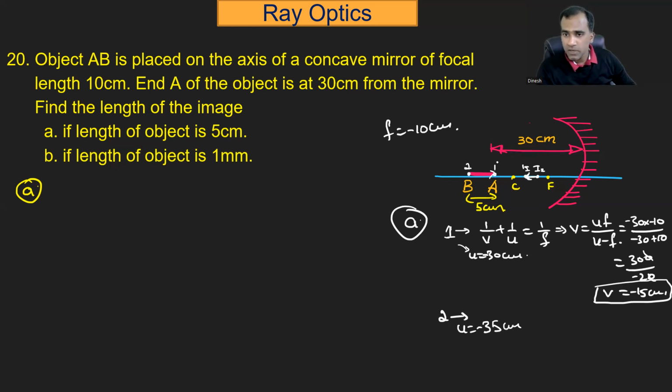This point is given as 30 centimeters away from the pole. This point is given as 5 centimeters further. This length is given as 5 centimeters in the first question. So my U is minus 35. So what is V? V equals UF by U minus F. U is minus 35 into F is minus 10, divided by minus 35 plus 10.